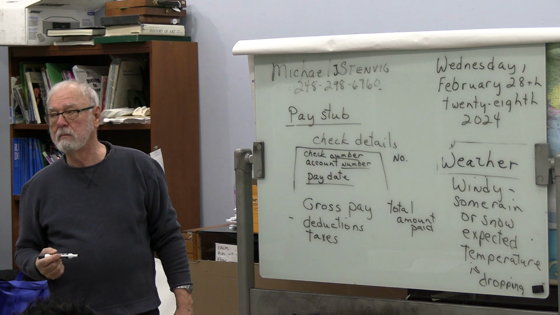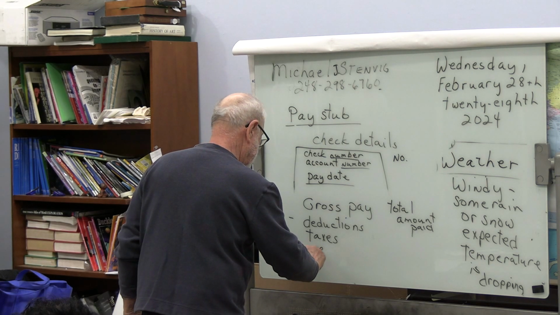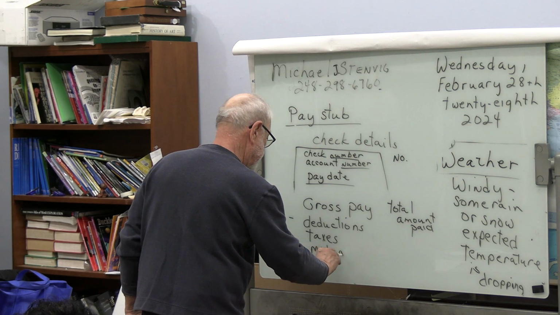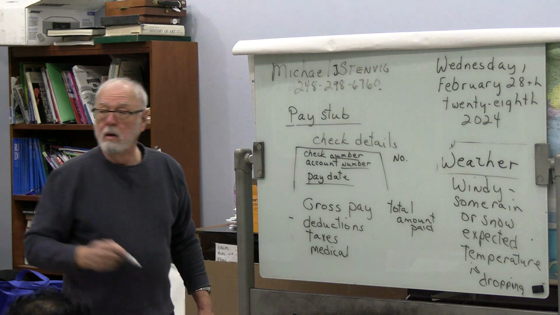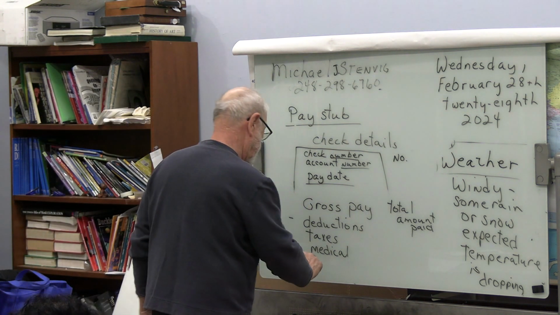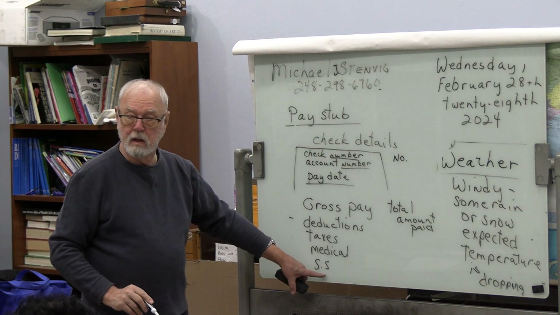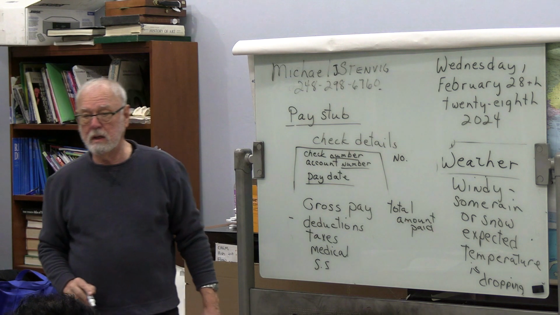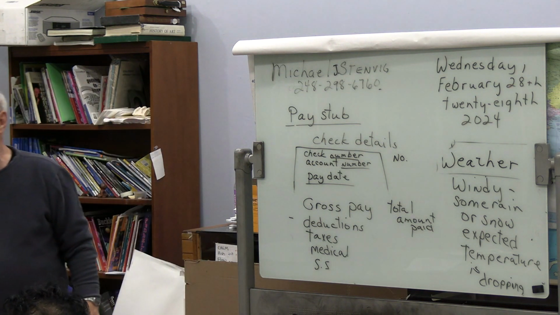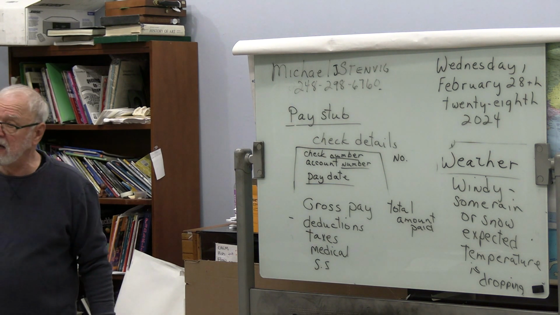Medical. Social Security. There's others, maybe medical insurance, maybe savings, anything where money is taken out.